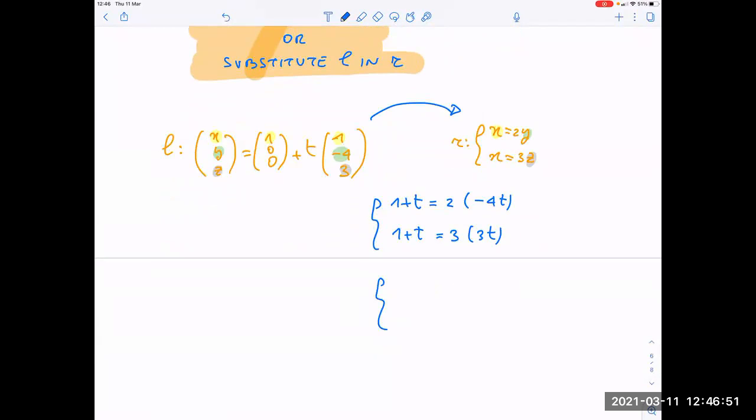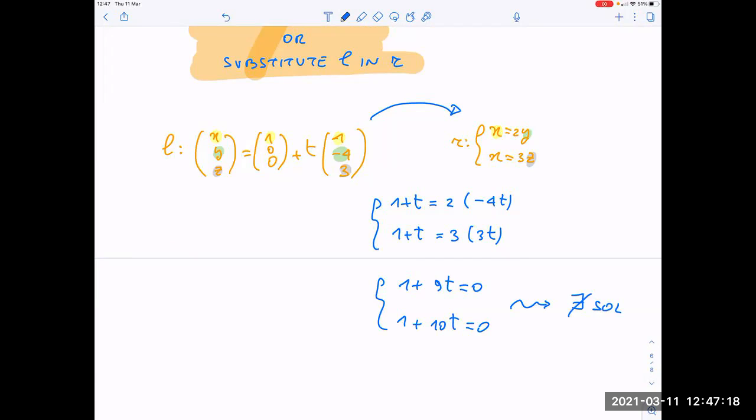It is 1 plus t minus 8t, so 1 equal, well, let's do it like this. It is 1 plus 9t equals 0, 1 plus 10t equals 0, and you will see no solution exists.